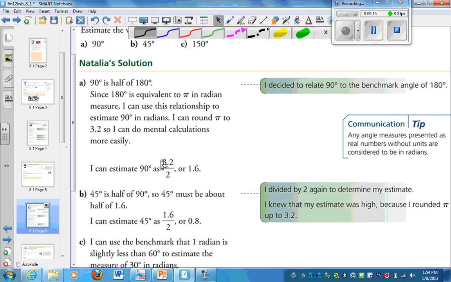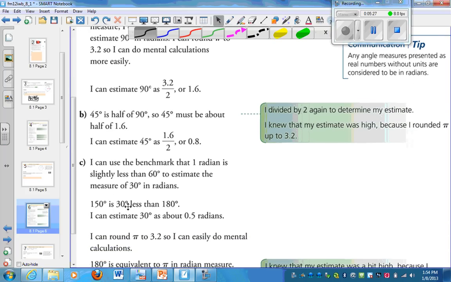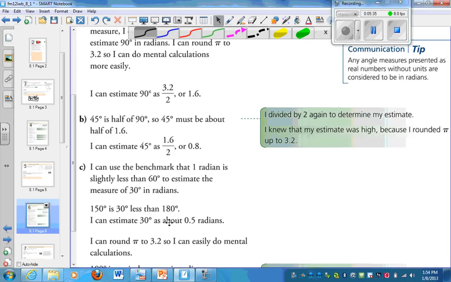Sorry, 150. So I can use the benchmark that 1 radian is slightly less than 60 to estimate 150. So what I'm going to do is 150 is 30 less than 180. So 180 was pi, or we said 180 was about 3.2. 30 is about 0.5 because 60 was about 1.